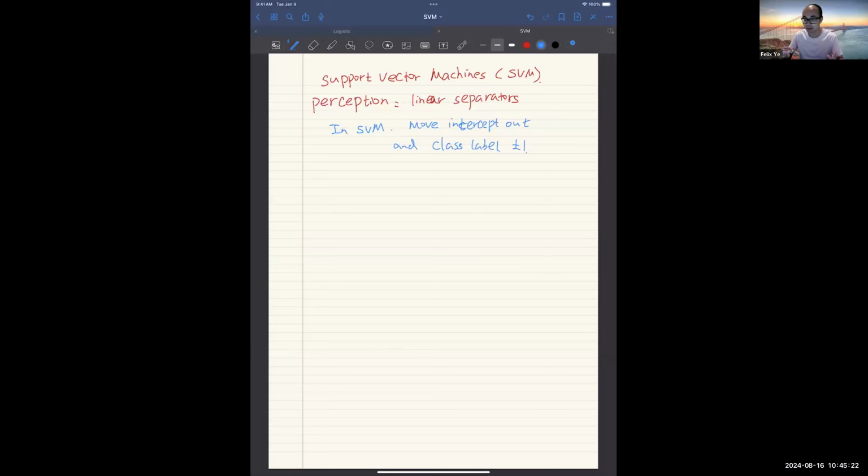So this is essentially the same, just different notation. The perceptron here is a linear separator plus a binary step function.